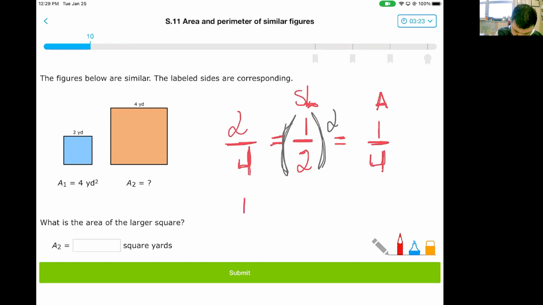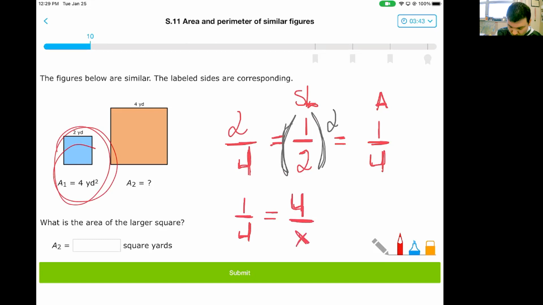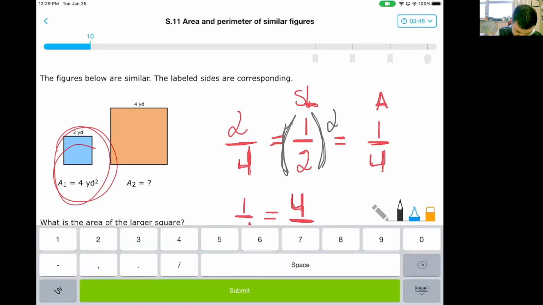So I'm going to set up a proportion that says 1/4 is equal to, and then they give me the area of the small square. So I'm going to put that on top because that's where the 1 came from. It was reduced from the 2. So I went left to right, and I'm going to go left to right again, 4/x. And when I cross multiply this, 4 times 4 is going to give us x, and that's going to be 16 square yards.